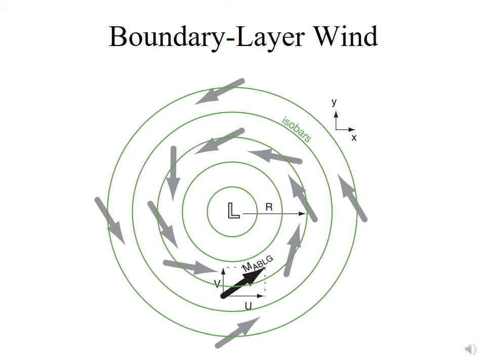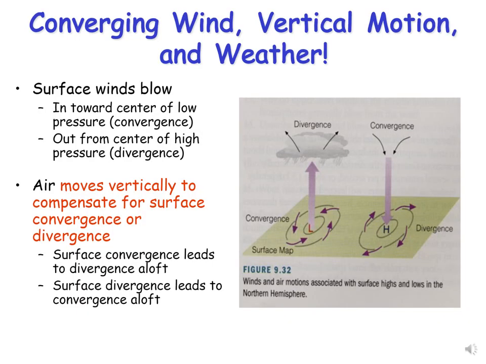And if you have surface convergence, that will lead to vertical motion. As seen here on the right, if you have that surface-based convergence, the air can't move through the ground, so its only option is to move upward, and we'll end up with rising motion over the low pressure zone.